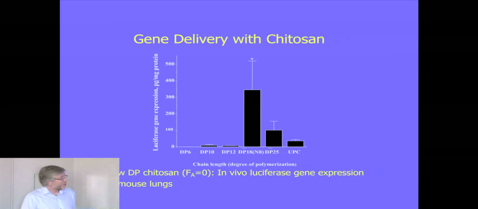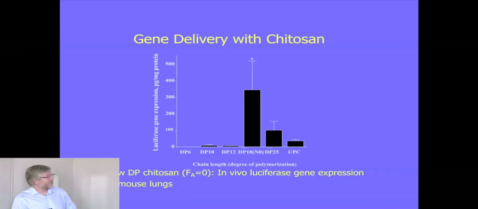We discovered that the chain length had a big impact. And this is actually an in vivo test: luciferase gene expression in mouse lungs.